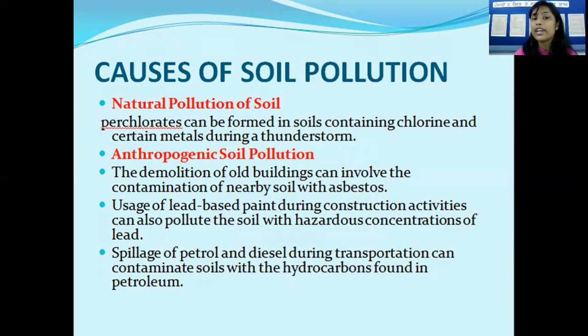Perchlorates can be formed in soils containing chlorine and certain metals during a thunderstorm. Right. Now, the second is anthropogenic soil pollution. The demolition of old buildings can involve the contamination of nearby soil with asbestos, and usage of lead-based paint during construction activities can also pollute the soil with hazardous concentrations of lead.